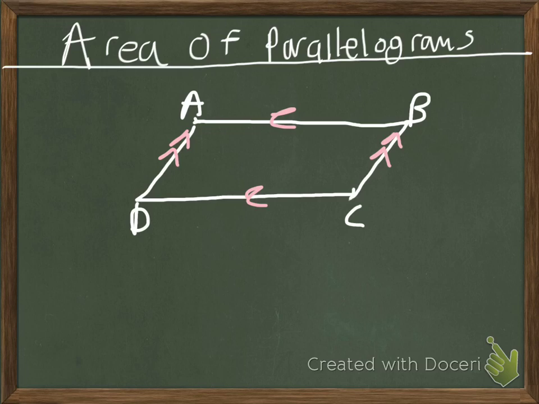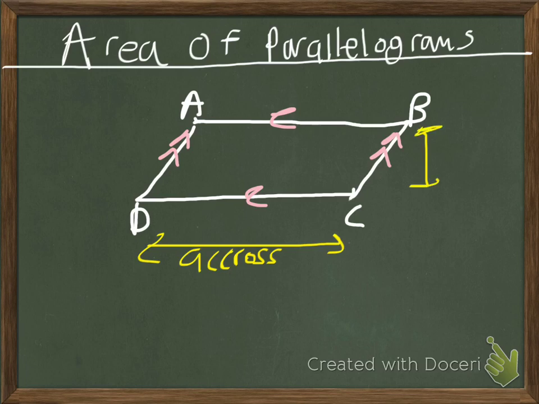We talked about two important concepts. How far is it across? And how far is it up and down? Now, as you might notice here with the parallelogram, as we've drawn it, that time it was a rectangle.